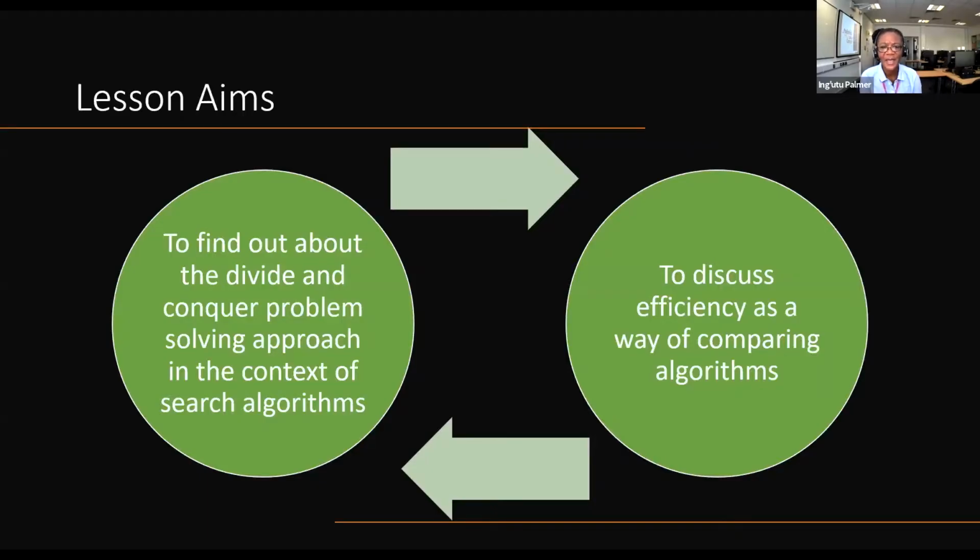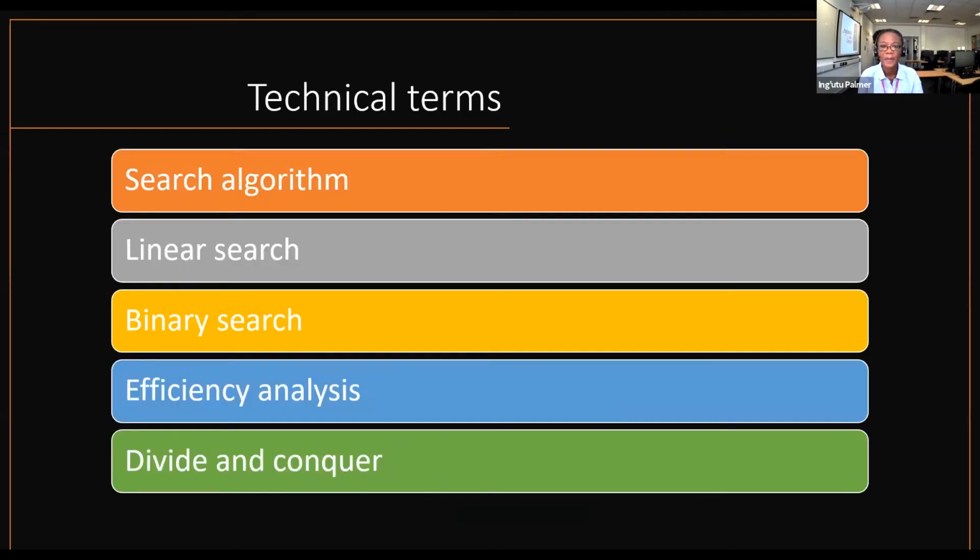There are two things I'm aiming to achieve in our lesson today. The first thing is I'd like us to find out about this approach called divide and conquer, used in the context of search algorithms. And then secondly, I want us to discuss a little bit about the efficiency of how to compare algorithms. What makes a good algorithm over, or a better algorithm over another algorithm?